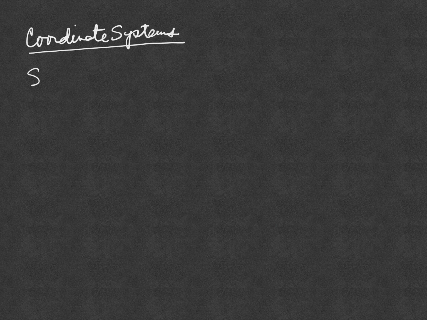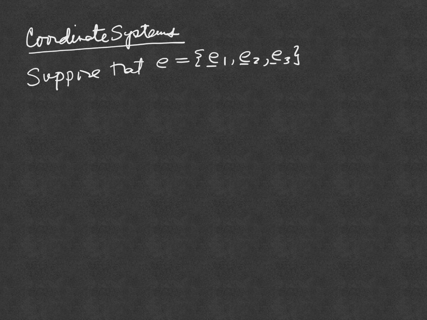So suppose that E, which is equal to E1, E2, E3, is a basis, and that O is a point.